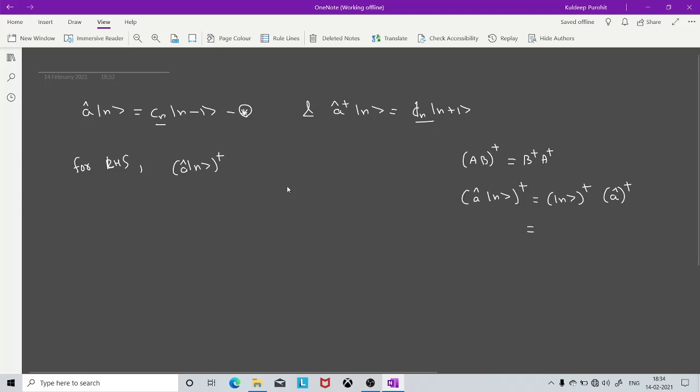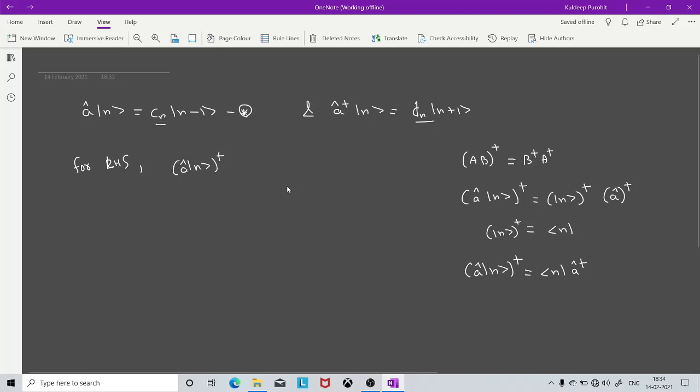Now the ket n dagger is nothing but equal to bra of n, so I can write A into ket n dagger is equal to bra n into A dagger.